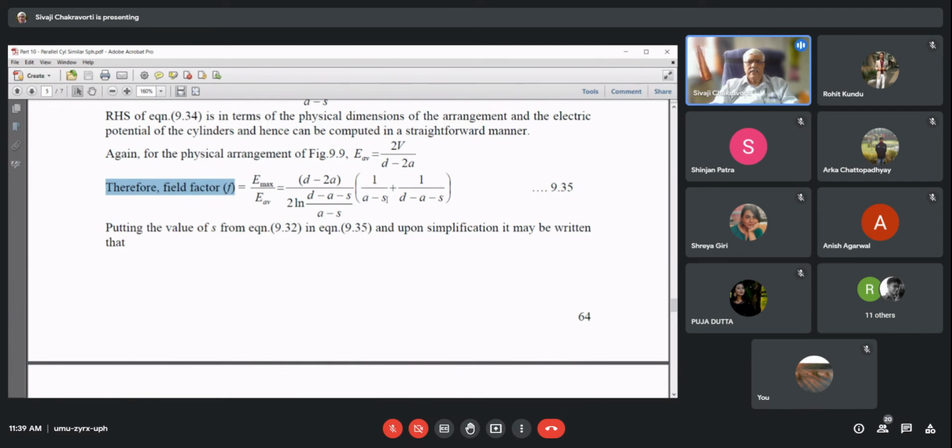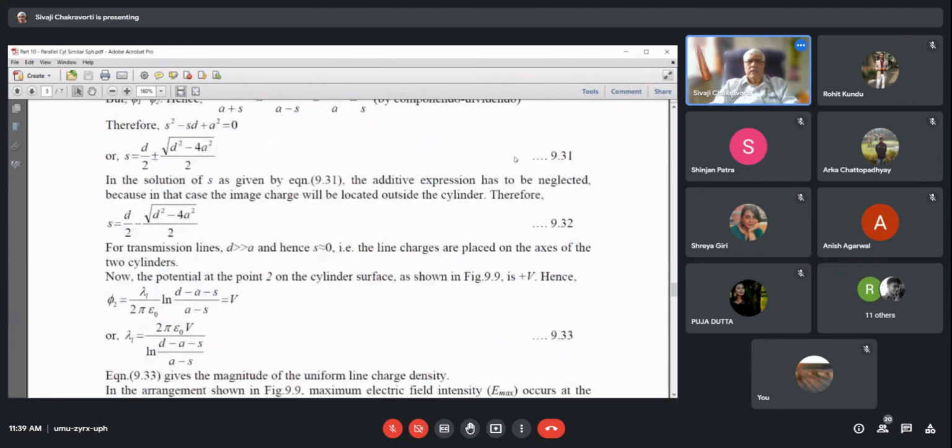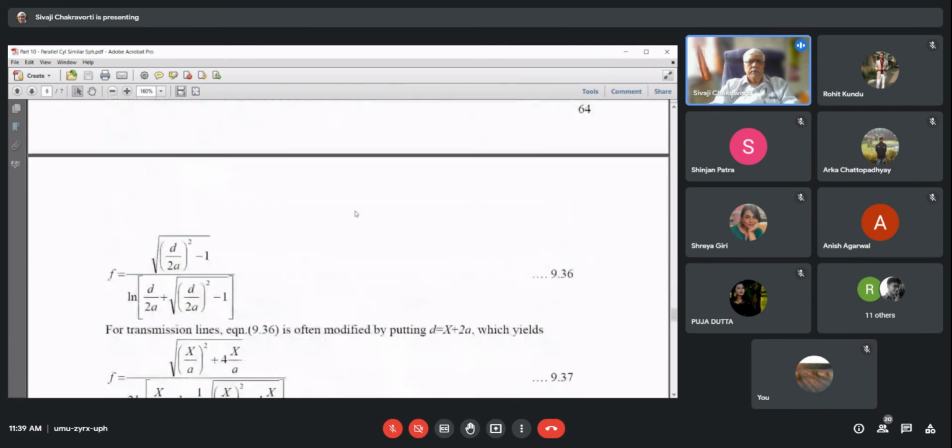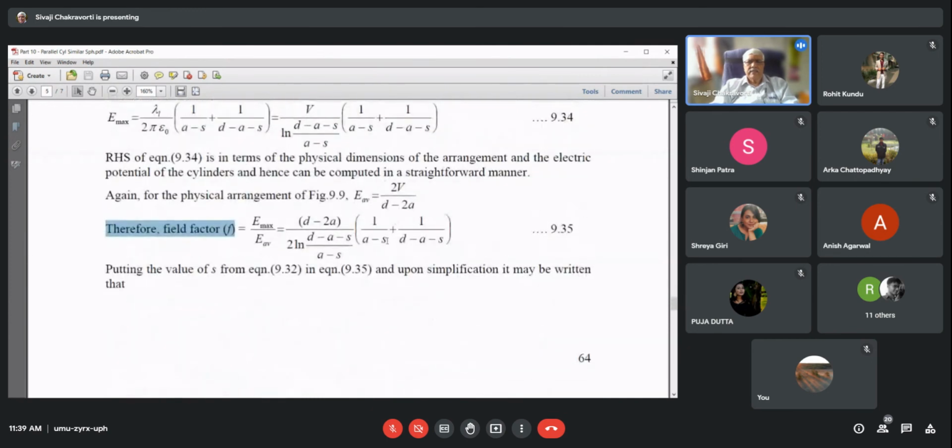Now, since it has the term S in it, and S, 9.31 on your screen, is in terms of D and A, if I put the value of S, then this expression 9.35 will become only in terms of D and A, where D and A are the two measurable quantities. That means they can be physically measured with the help of instruments.